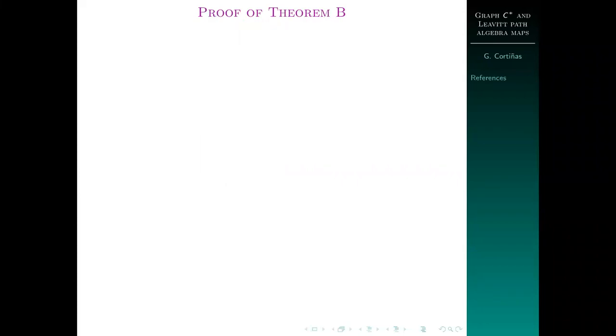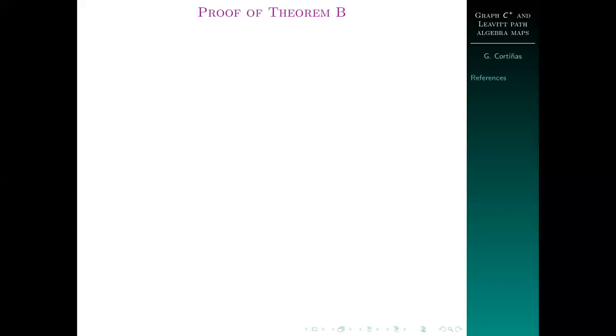So let's start with theorem B. So the first problem is to define comp. Now, remember comp was a functor between little kk restricted to Leavitt path algebras and big kk that was supposed to extend the completion functor.